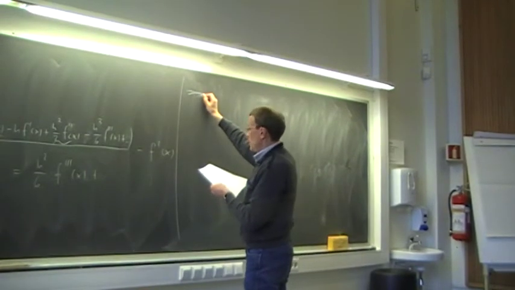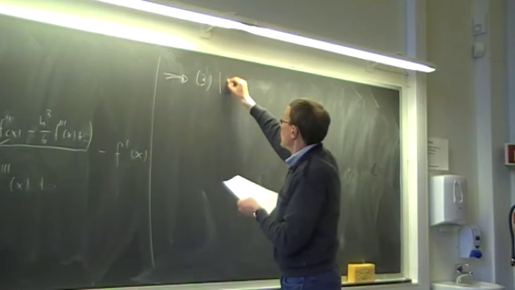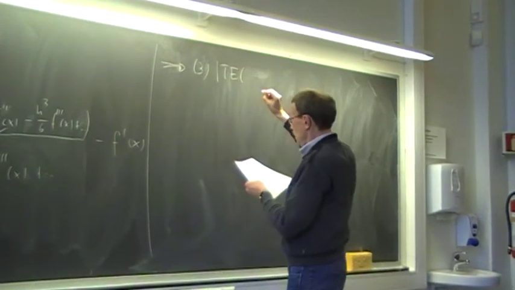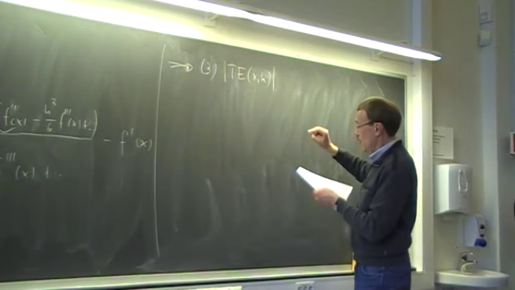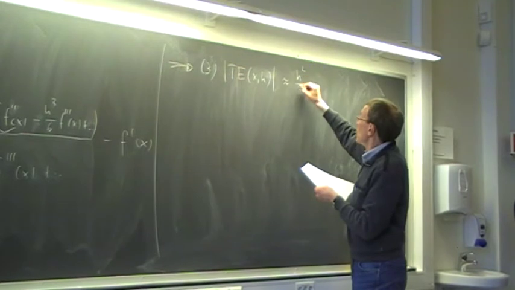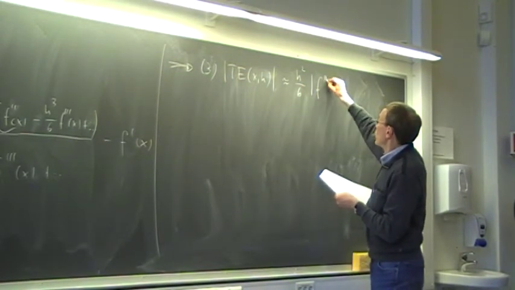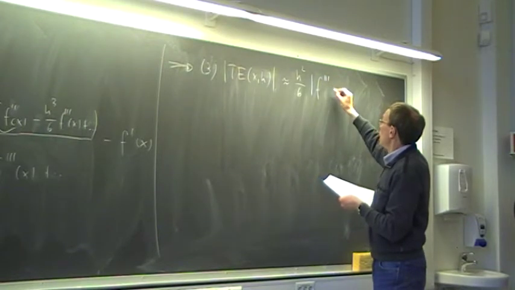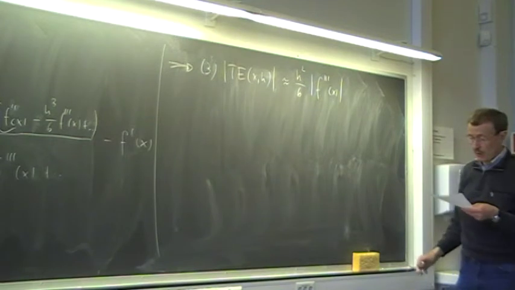So from that we get, that is our formula 3, that the absolute value of the truncation error at point x with the grid spacing h is approximately equal to h to the power 2 divided by 6 times the absolute value of the third derivative of f with respect to x. So we neglect the higher order terms.